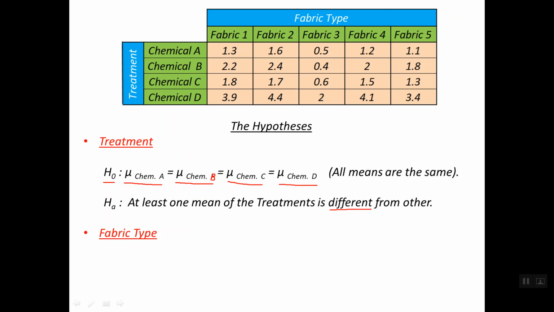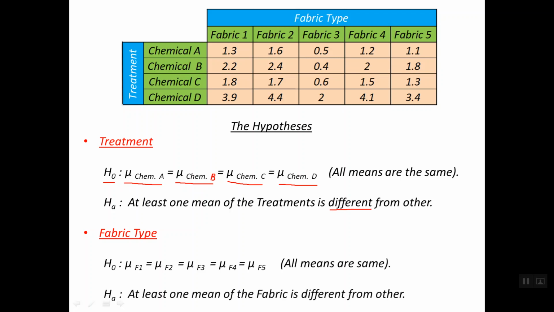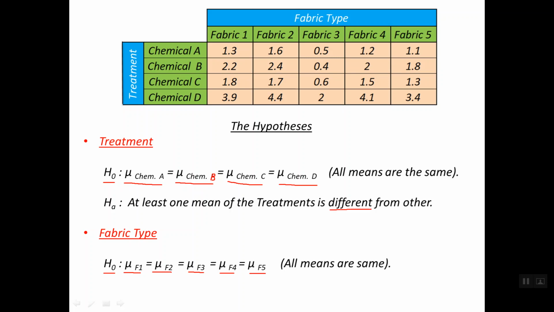Regarding the second factor, which is the fabric type, the null hypothesis states that the mean for fabric 1 is the same as for fabric 2, same as for fabric 3, same as for fabric 4, and same as for fabric 5.